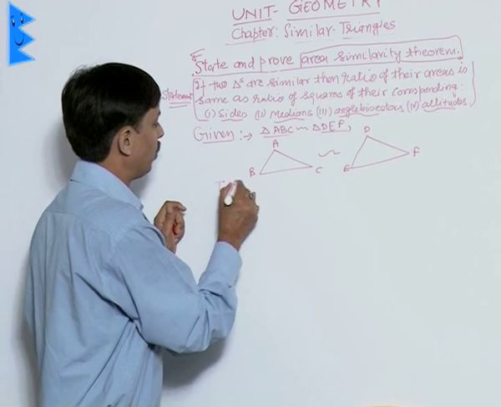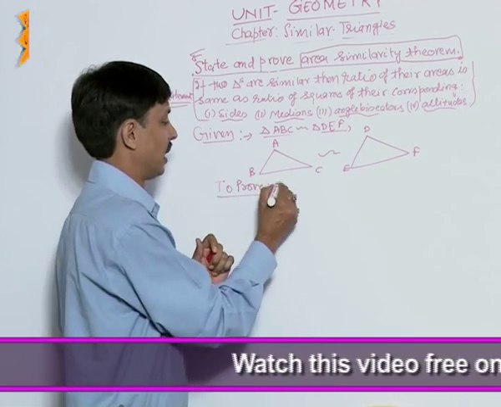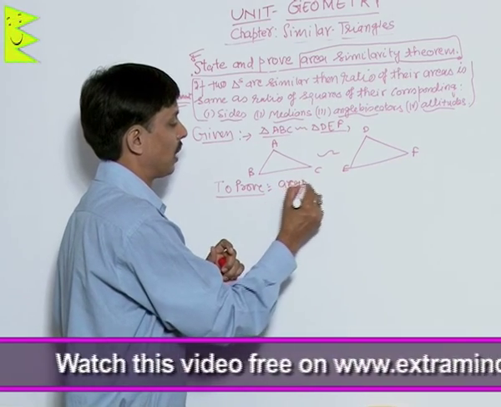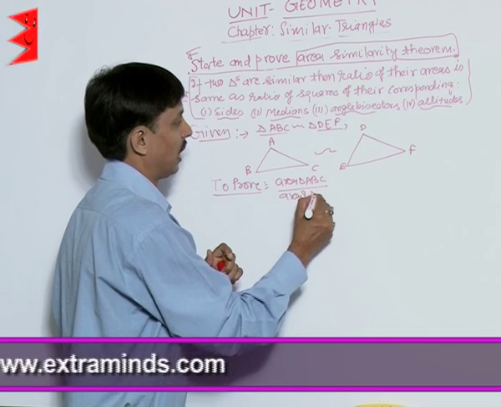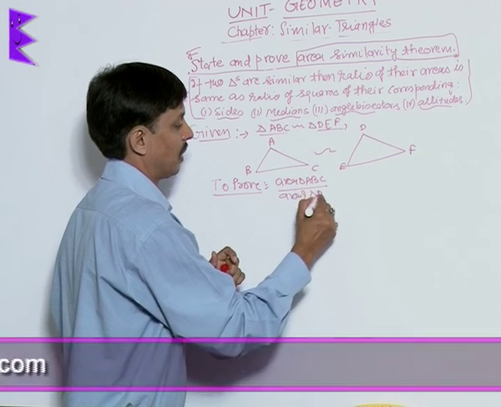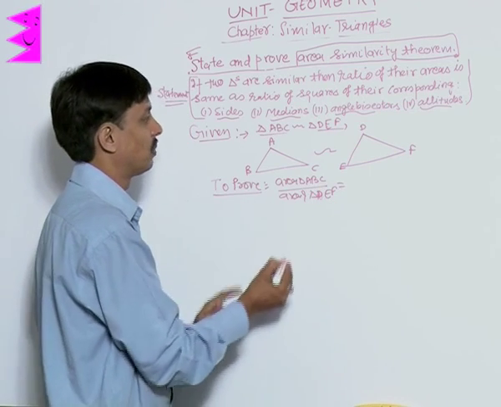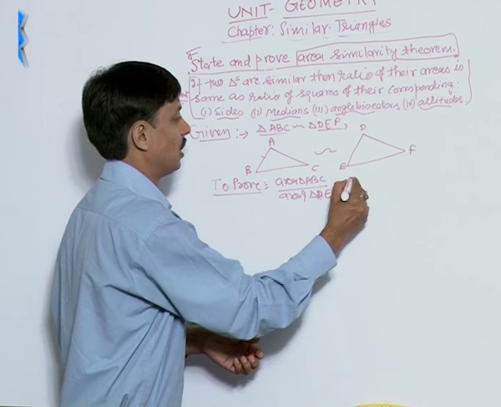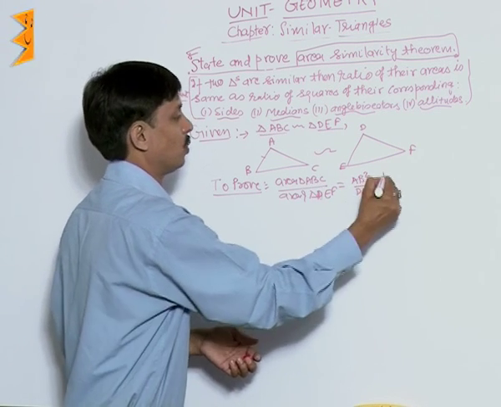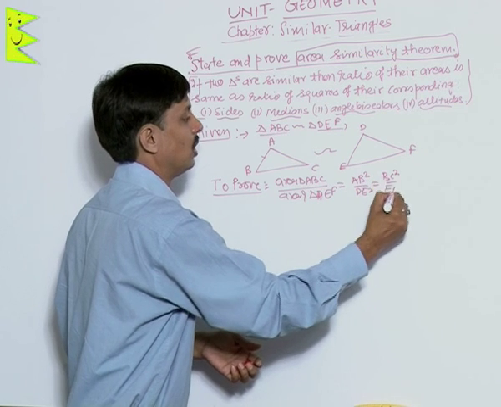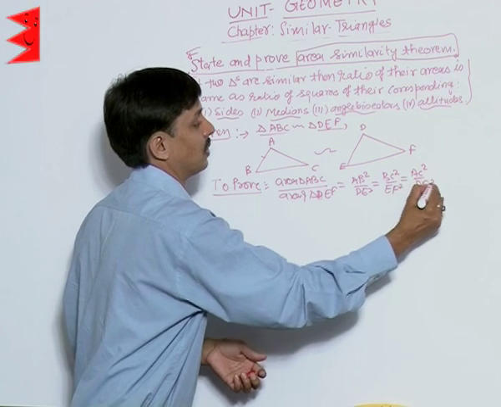Understand? Then what do we want to prove? I am taking the proof of the first part: area of triangle ABC upon area of triangle DEF is the same as the ratio of squares of the corresponding sides, that is, AB square upon DE square is equal to BC square upon EF square is equal to AC square upon DF square.